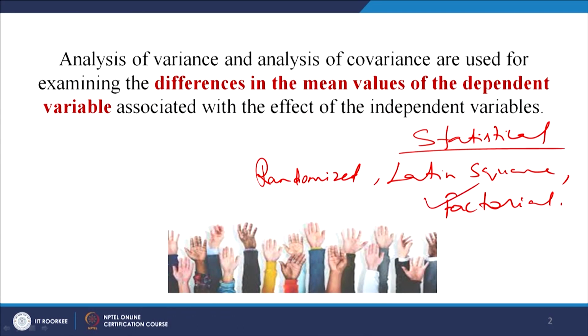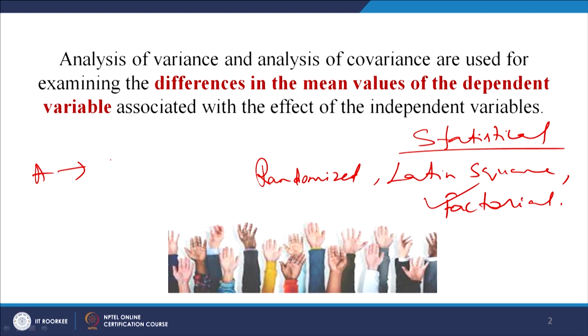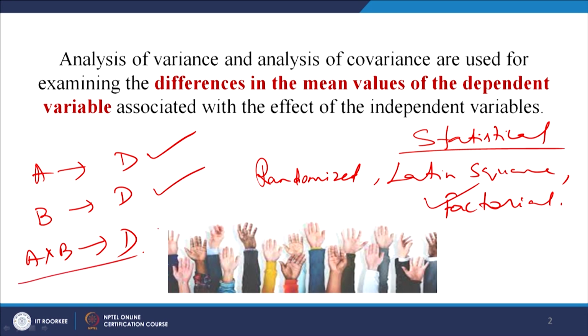It helps you understand the effects of two or more independent variables on the dependent variable, along with the interaction effects. That means A has an effect on, let us say, D, B also has an effect on D, and A and B together also have an effect on D. These are called the main effects, and this is called the interaction effect.